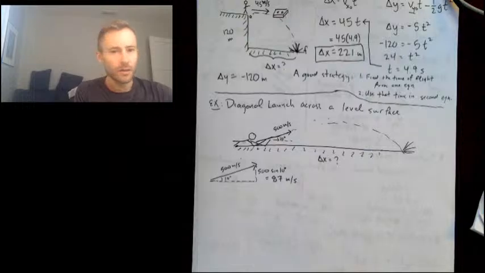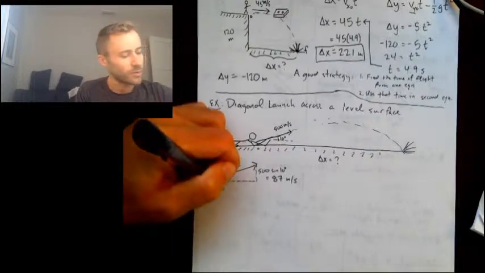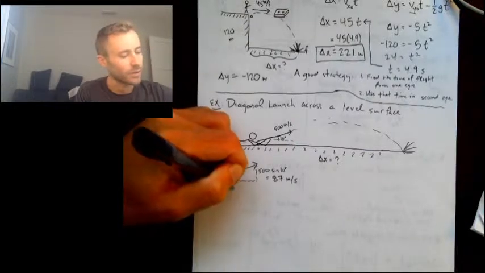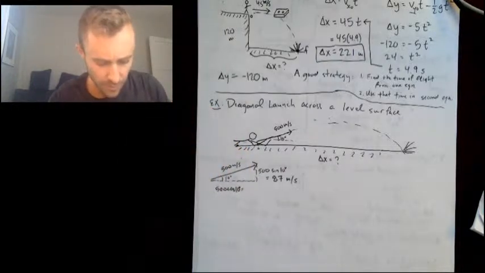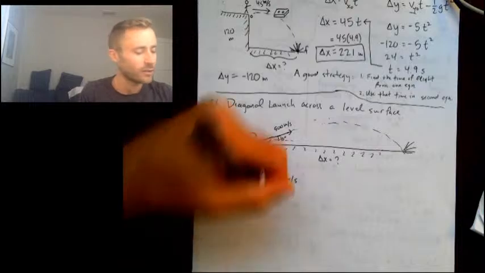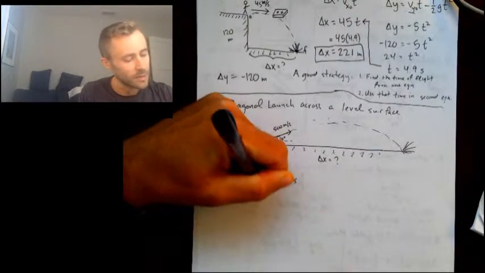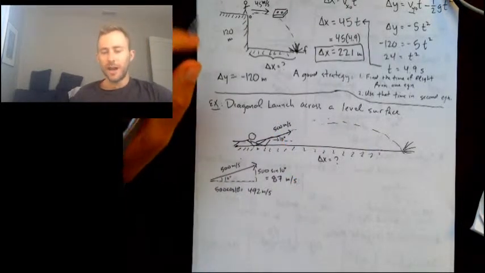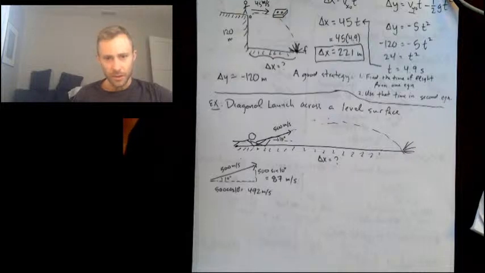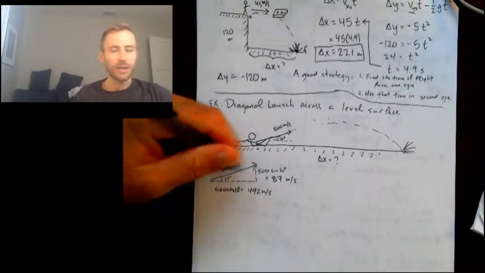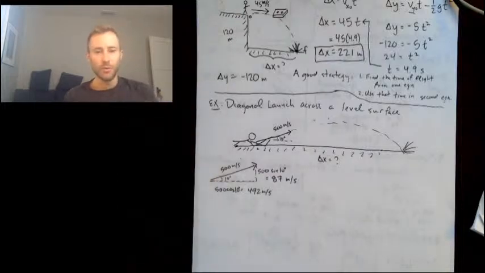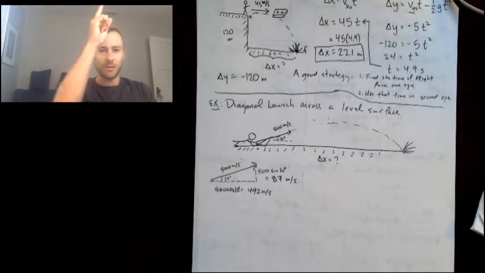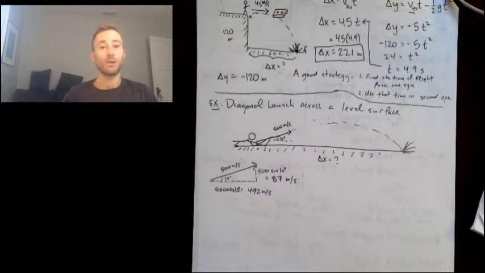The horizontal component of the velocity would be 500 cosine of 10 degrees, which is about 492 meters per second. So launching something at 500 meters per second at an angle of 10 degrees is equivalent to moving upward at 87 meters per second and sideways at 492 meters per second.